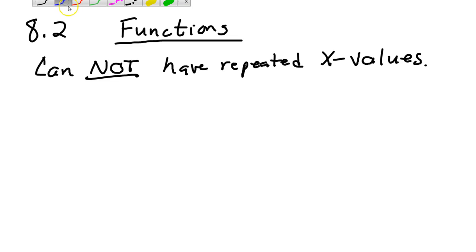So one of the first things that they'll do is give you just a quick set of examples. They'll give you a list of ordered pairs, give you a relation, and they'll ask you, okay, is this relation a function?